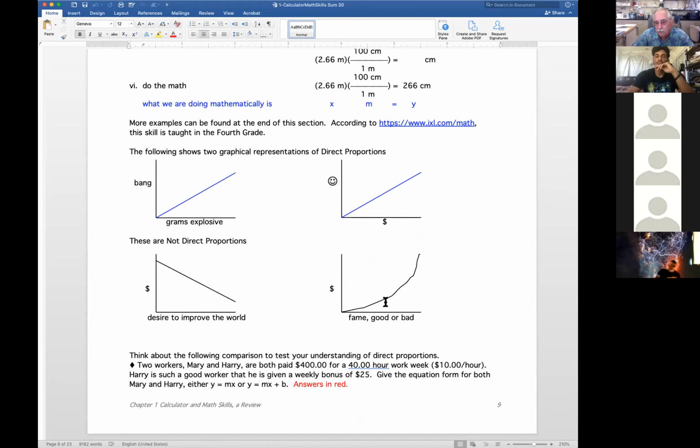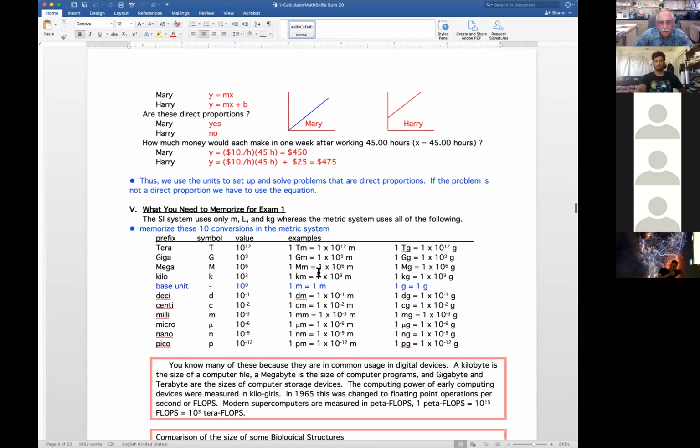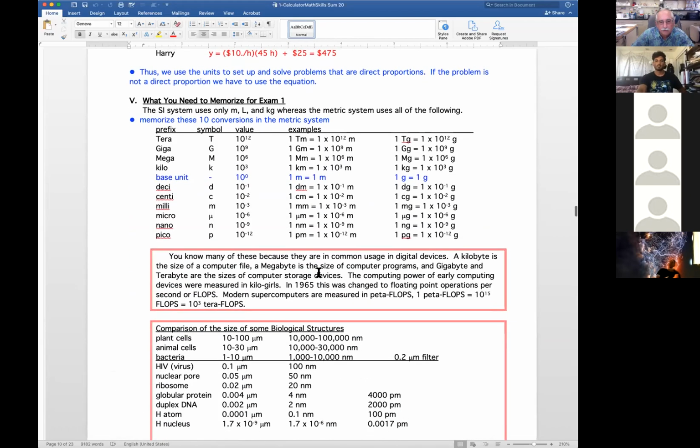So you can't use the same criteria here as you can over here. Oh, right. You know what I'm saying? Here's what: the direct proportion would have to be a straight line throughout the graph, and it has to pass through the origin. Okay. Yes.